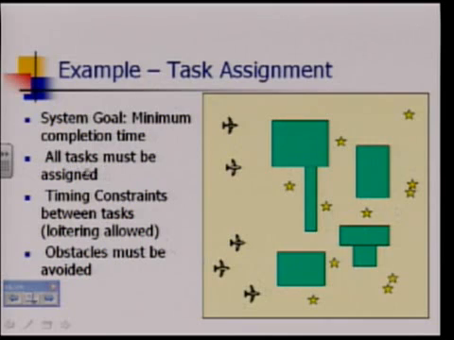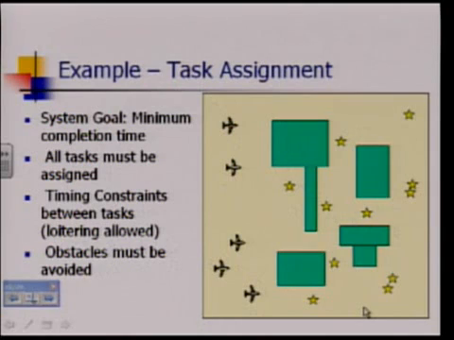All the tasks must be assigned, meaning that all these stars will have to be covered. Of course, you have some timing constraints between those tasks, and also the obstacles should be avoided. And what type of problem is this?